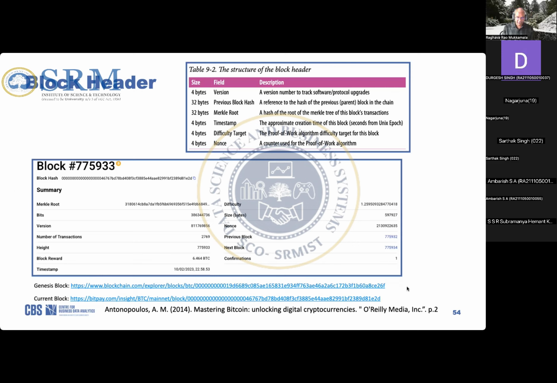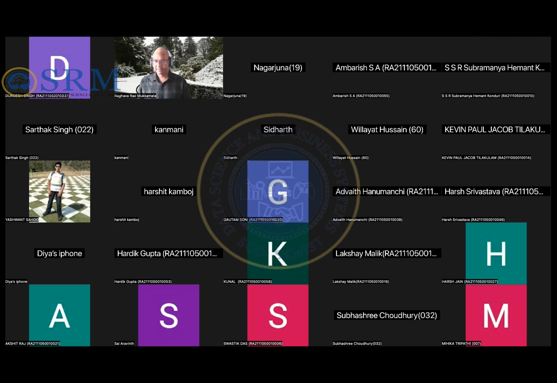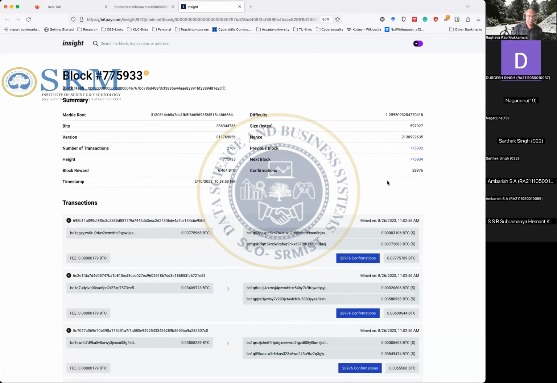So if you look into how a block looks like, let me open this. Yeah. So this is how a block looks like. Again, most of the data is in hexadecimal format, and you will unpack the block.